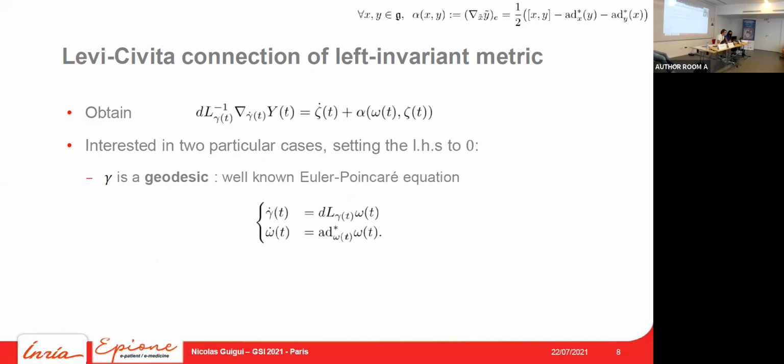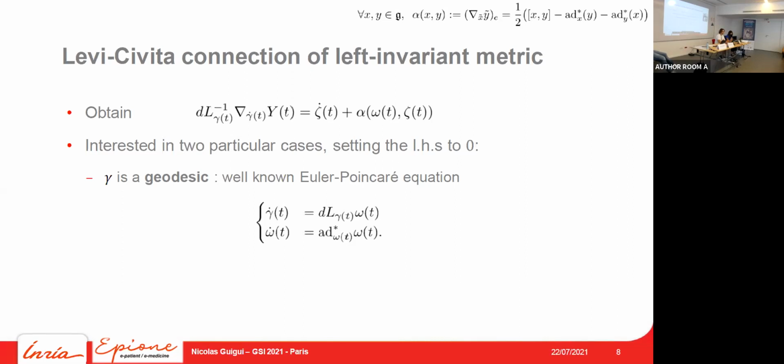And now we can compute nabla gamma dot y and its pullback by the left translation. And we obtain this formula in which we retrieve the bilinear form alpha, and a correction term zeta dot, that is the evolution of the left angular velocity in the Lie algebra. And now we're interested in two particular cases of this equation.